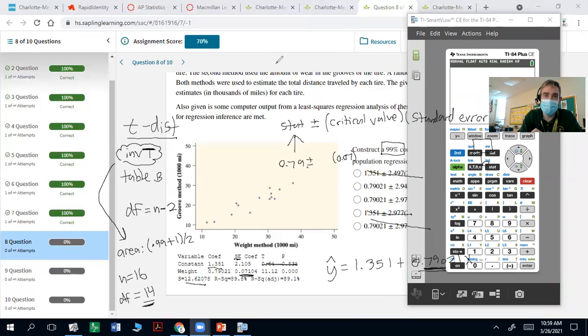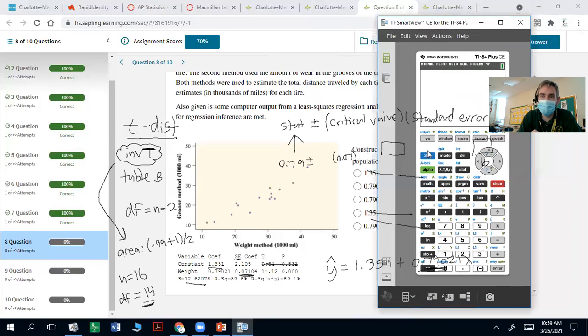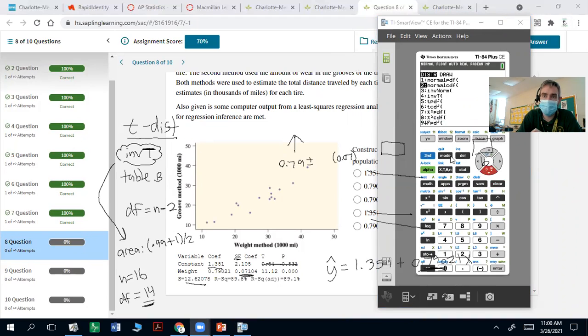So let's plug that into here. Second vars, inverse t. Let me erase some of this stuff here real quick. And your area, remember, is averaged with 1. So 0.99 plus 1 divided by 2. Your degree of freedom will be 14, not 15. And that'll be your critical value.